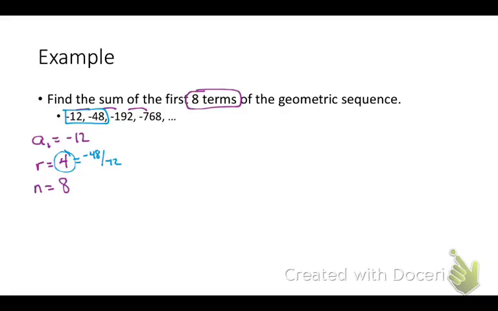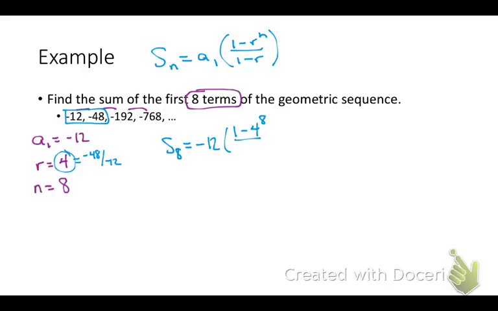Then it just becomes plugging it into our formula of S sub n equals a sub 1, 1 minus r to the n over 1 minus r. So the sum of the first 8 terms here is going to be negative 12 times 1 minus 4 to the 8th power over 1 minus 4.